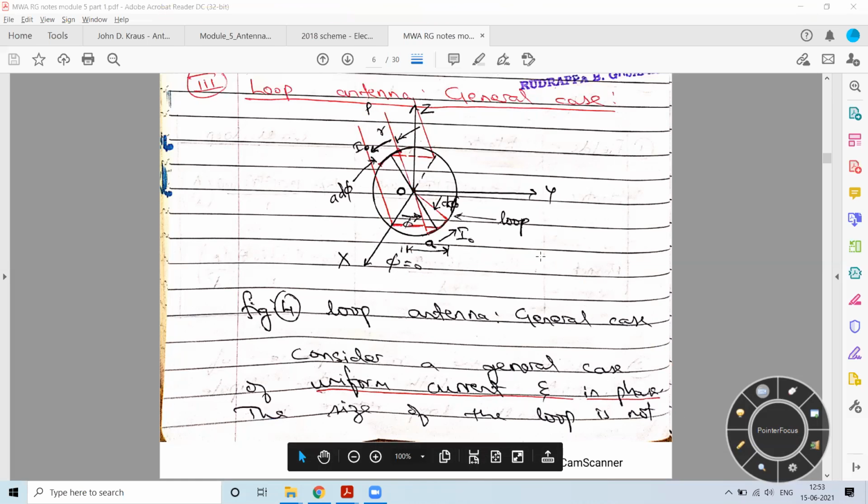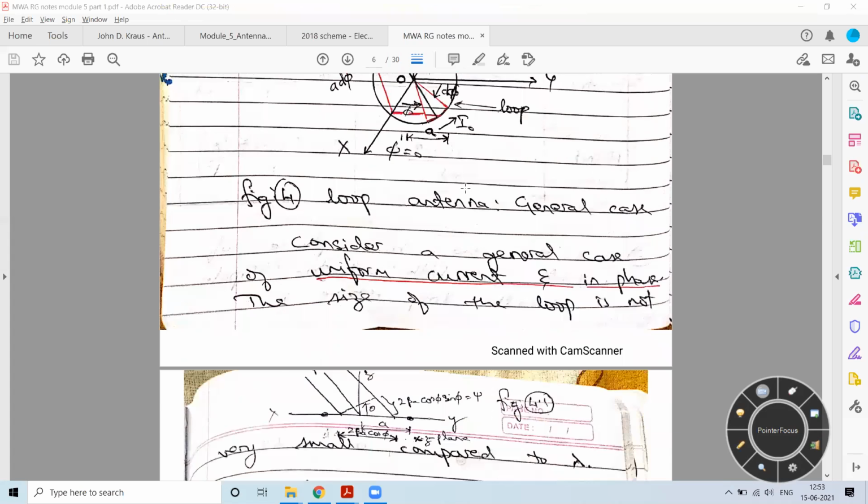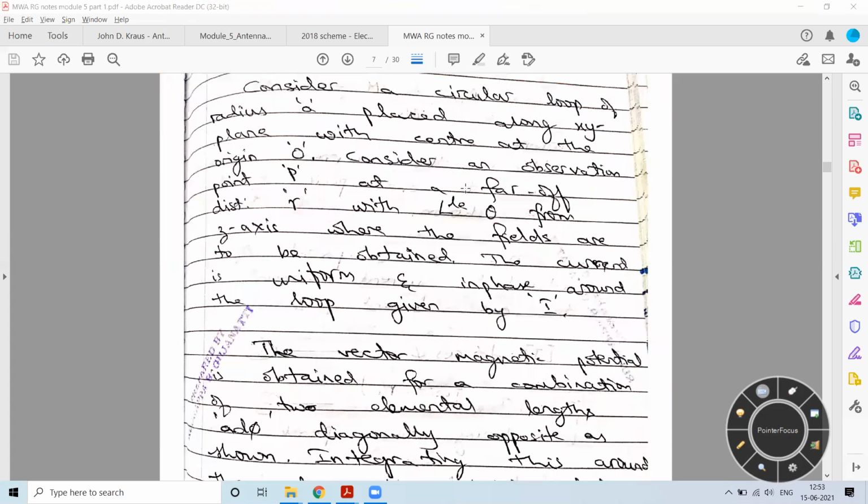So we need to identify that. In order to do that, we again convert this entire system into a system of dipoles, and then we apply the same conditions and obtain the field parameters. Now let us see what parameters we can consider over here.